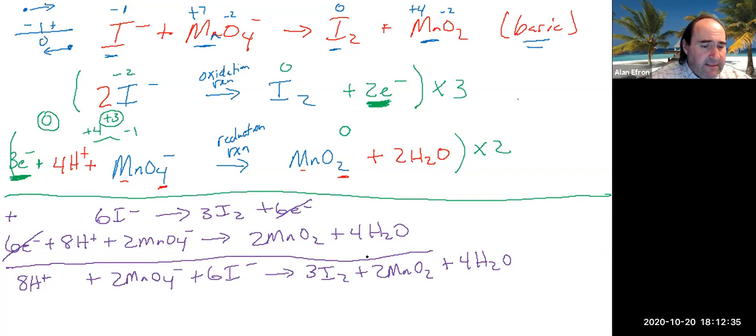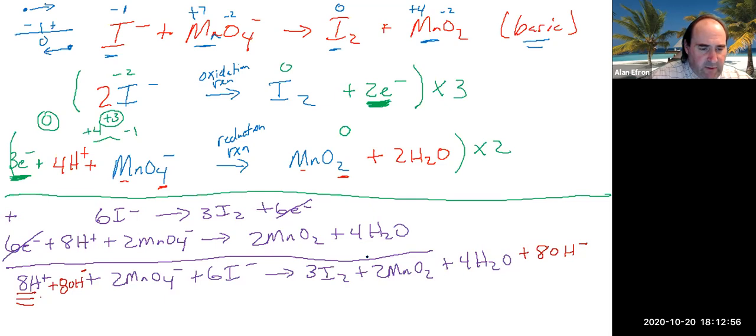That step is we're going to add OH minus to both sides, equal to the amount of H plus that we have. In this case, there are 8 H pluses, so we're going to add 8 OH minuses to both sides, not just one, but both sides.